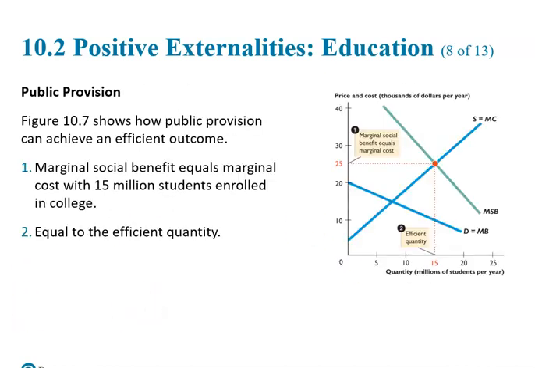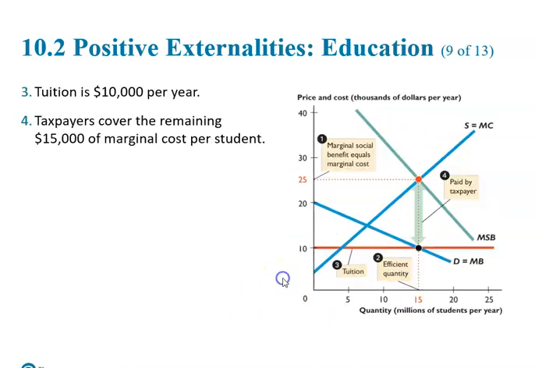So let's take the example of public provision first. Over here, the marginal social benefit equals the marginal cost with 15 million students enrolled in college. So this will be our desired efficient quantity. So how are we getting there though? Because as a consumer of education, what you will be interested in is the marginal private benefit.